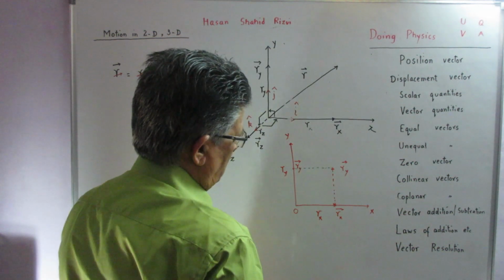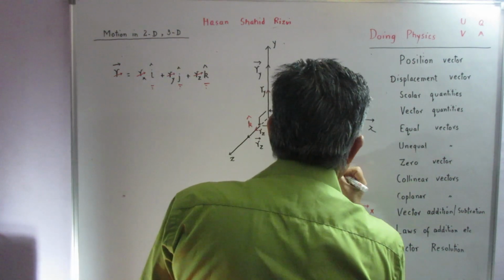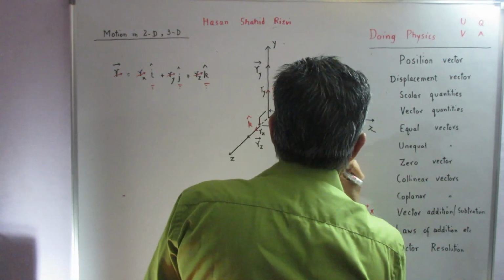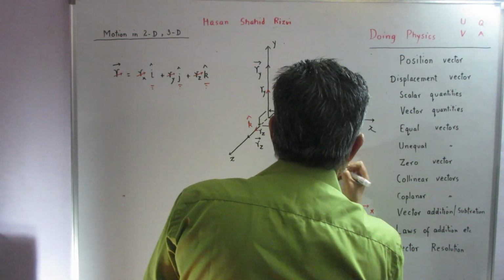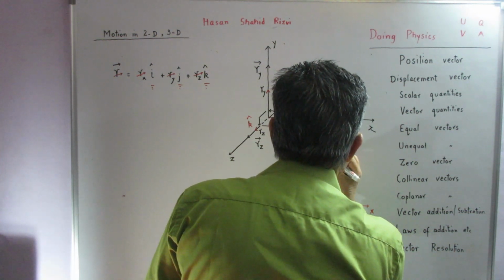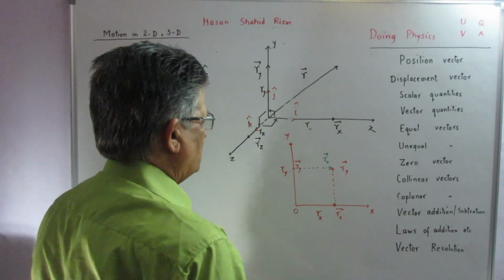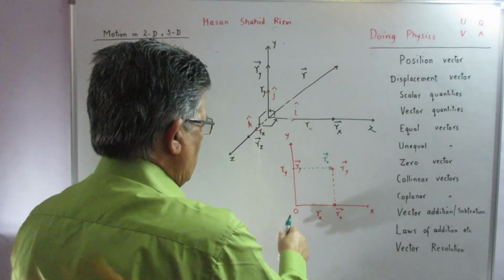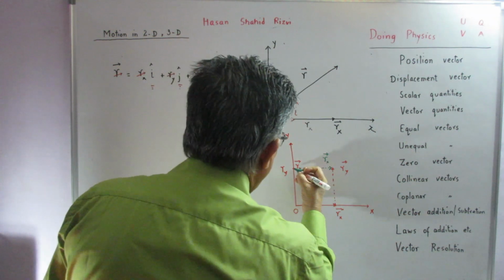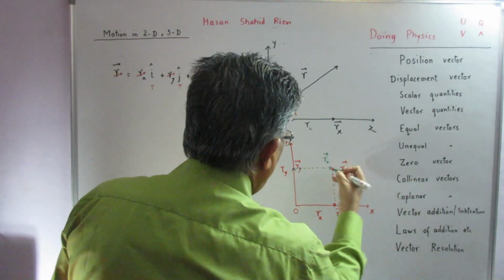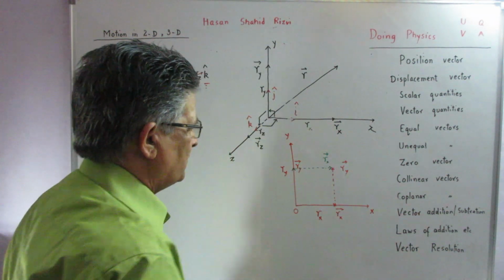This is of course a rectangle, but this vector again is equal to the vector rx. So I have Rx represented either by this line or by this line, which are parallel to each other, and Ry represented by this line as also this line, which are parallel to each other.